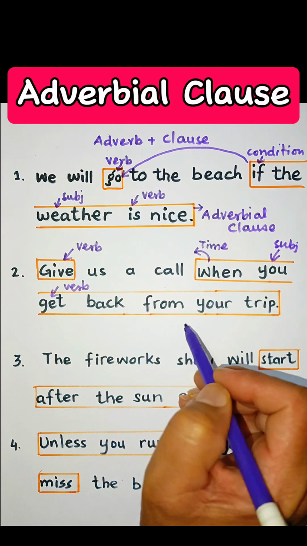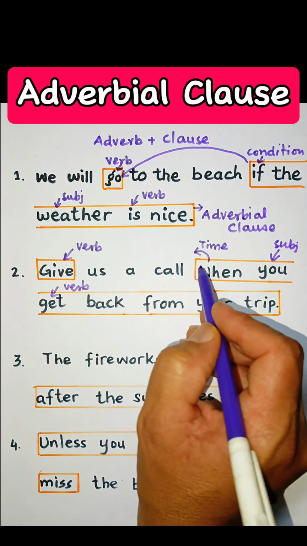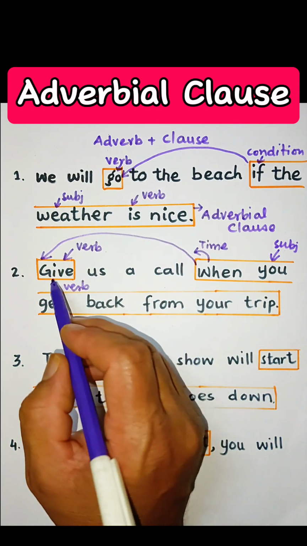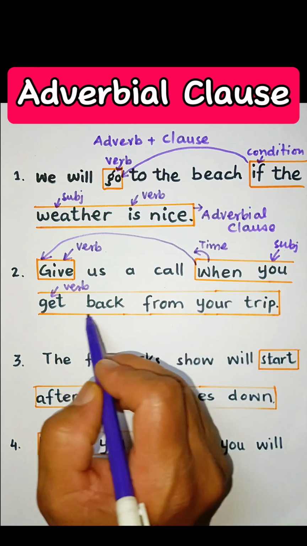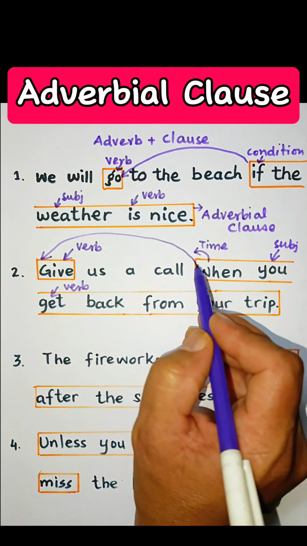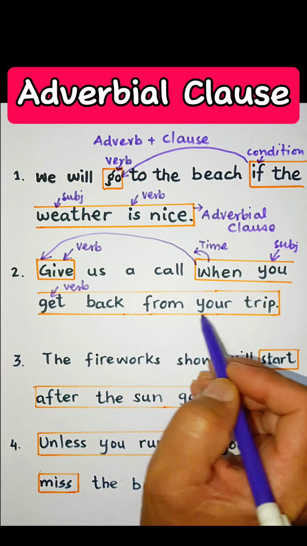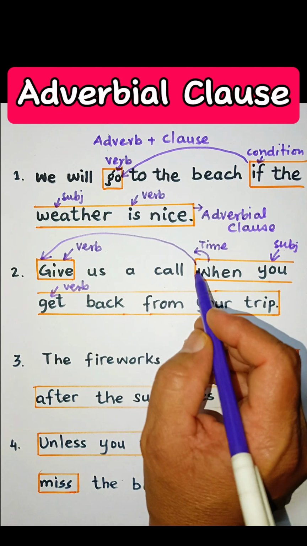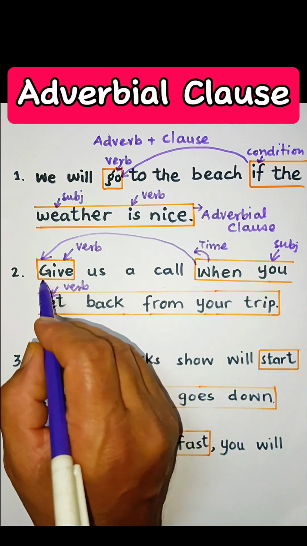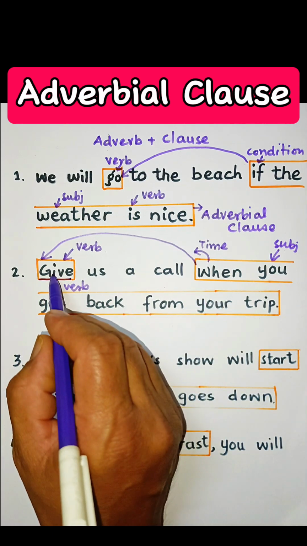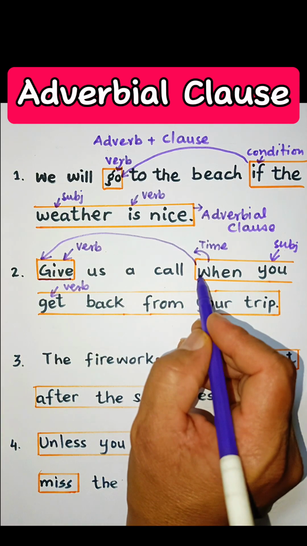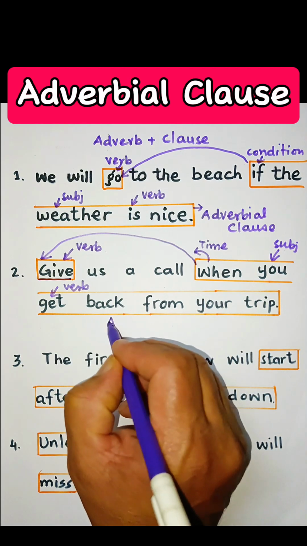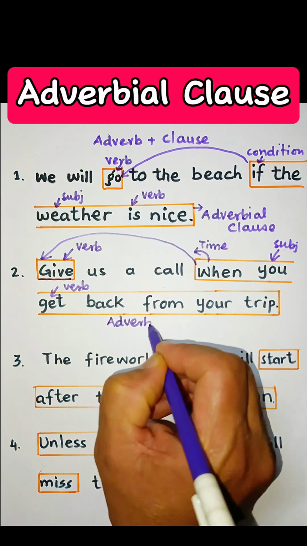It adds to the meaning of the verb give. So this clause shows the addition of meaning to the verb give. It fulfills the condition that this is a clause, but at the same time it is an adverbial clause. Why? Because it adds to the meaning of a verb.